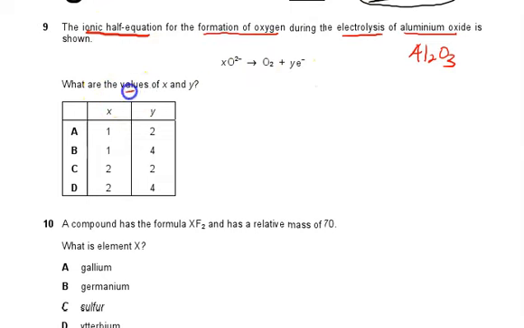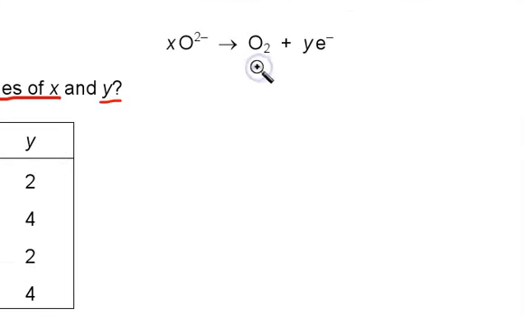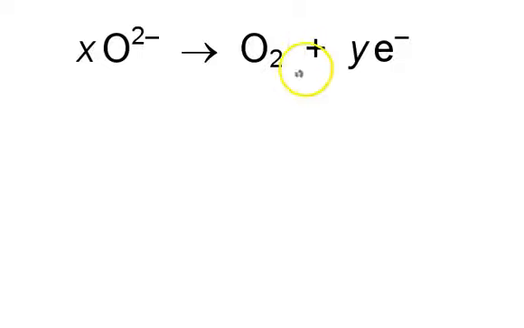Now what are the values of X and also Y? Since this is the number, let me zoom here. Please understand this. This number 2 is the number of molecules.